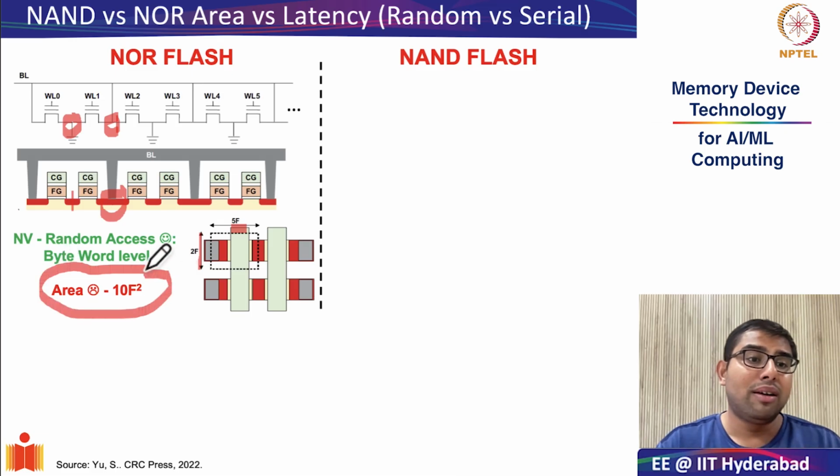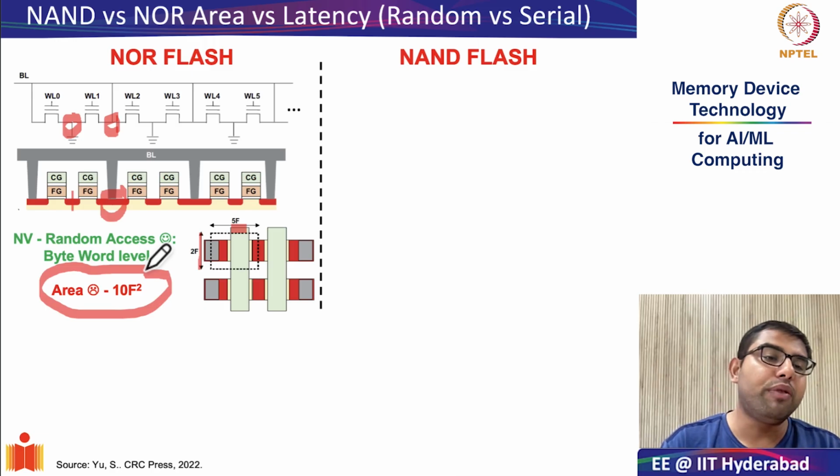Now remember why I have put a sad smiley face when it comes to 10F squared. This is because even your DRAM offers you 6F squared area scalability. So 10F squared, when it comes to flash, is not really desirable because it is worse off than even DRAM.